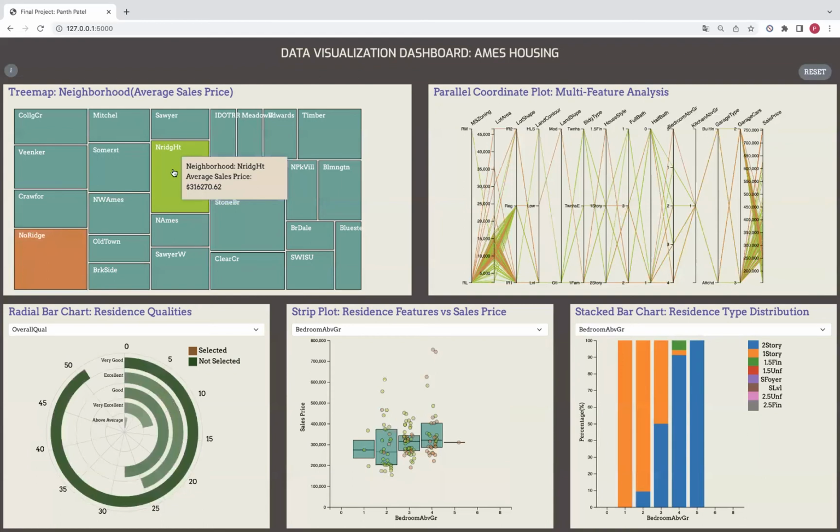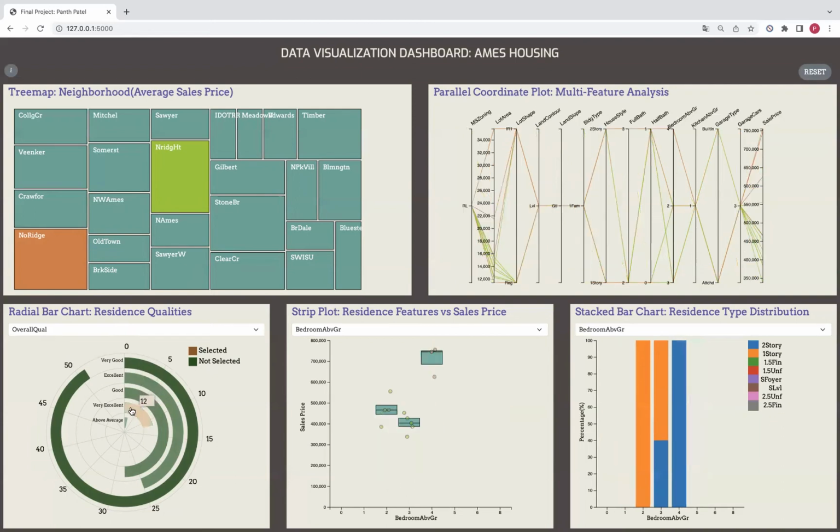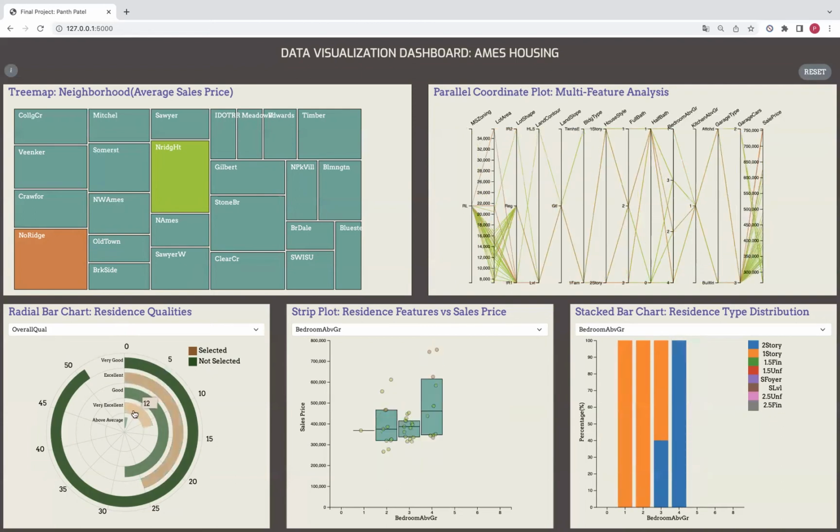For these two costliest neighborhoods, we can see that for the overall quality of the house, almost all houses are excellent or good quality. We cannot find any poor quality houses, which again makes sense because when we pay more money, we get good quality.